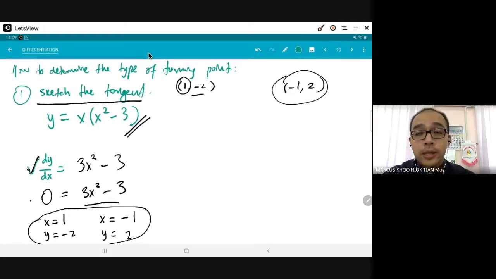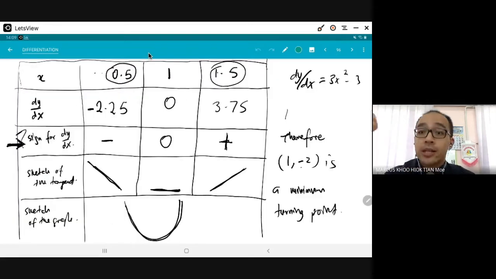If you've done your homework, you will know this. Sometimes there's only one turning point, but sometimes you will have two. So that's the tough part. How do you know whether it is a minimum or maximum turning point? So the first method I taught you was to sketch the tangent.